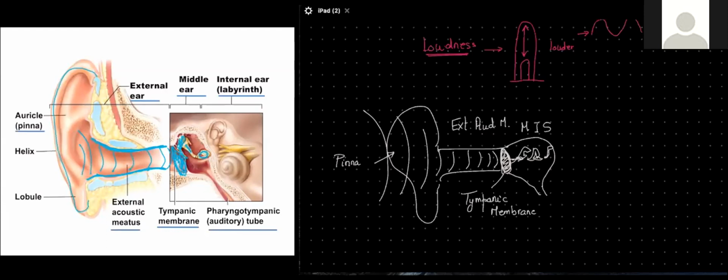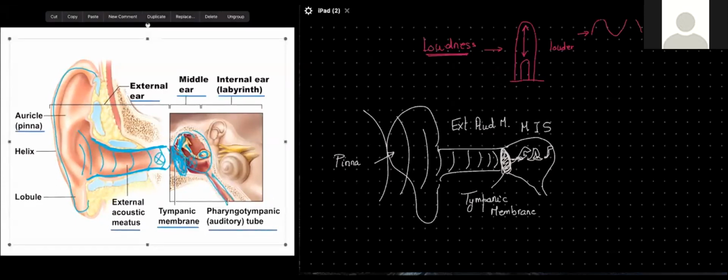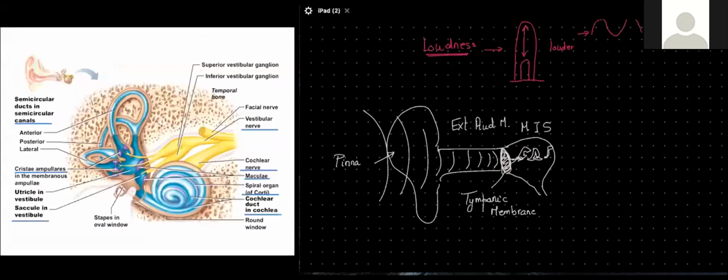If you notice on here, the middle ear is going to be connected to the pharynx by the pharyngotympanic tube. And this allows you to equalize the pressure on both sides of the tympanic membrane to allow free movement of the eardrum. The vibration will then travel from the middle ear to reach your internal ear.